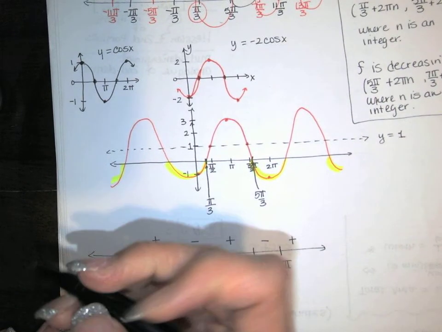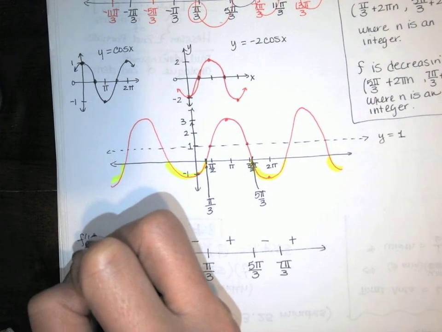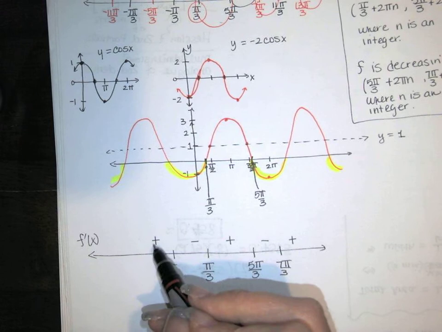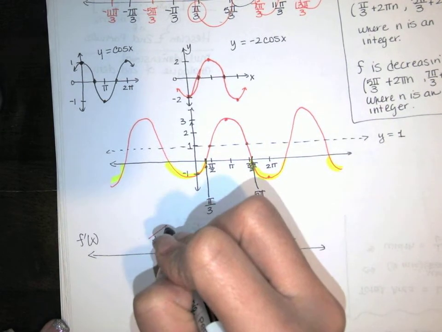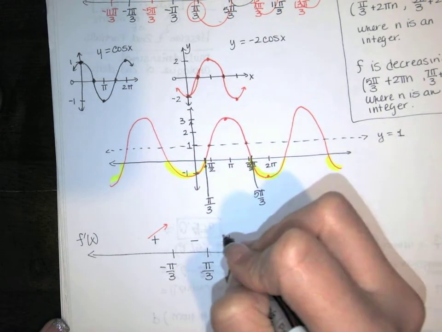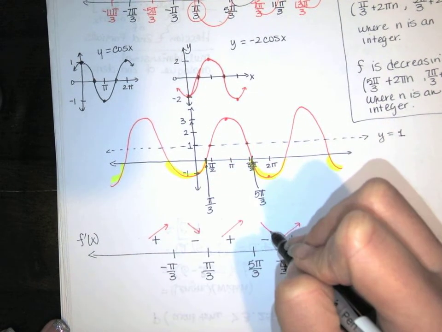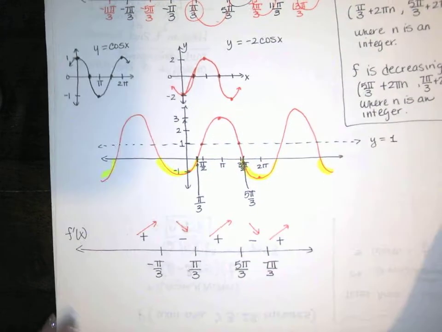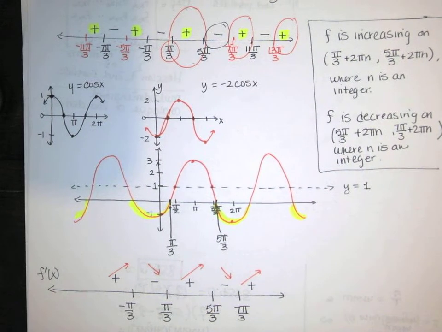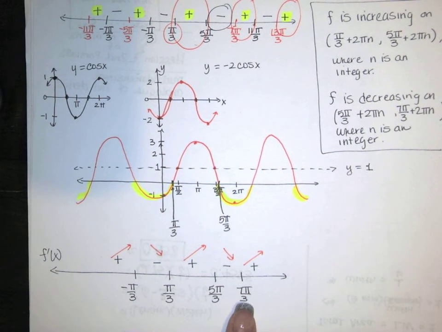So this is f prime. These are the signs of f prime. If f prime is positive, that means the original function f is increasing. So the function is increasing on each of these intervals. If f prime is negative, that means the original function f is decreasing. We just found those intervals where it was increasing and decreasing. Well, what does that mean for these points?